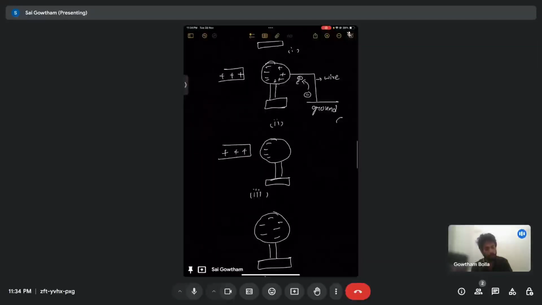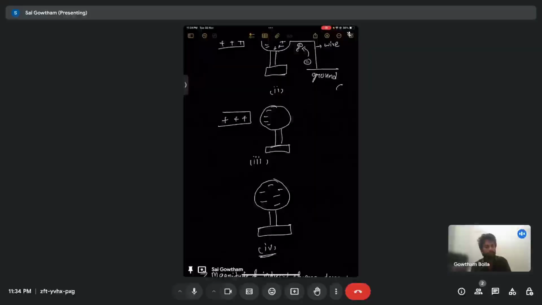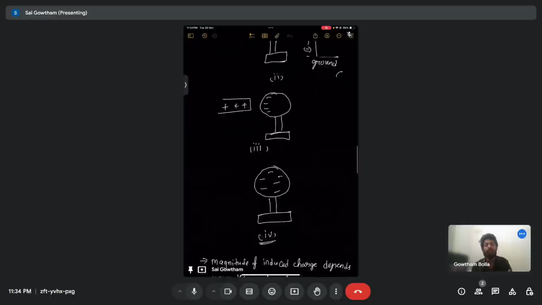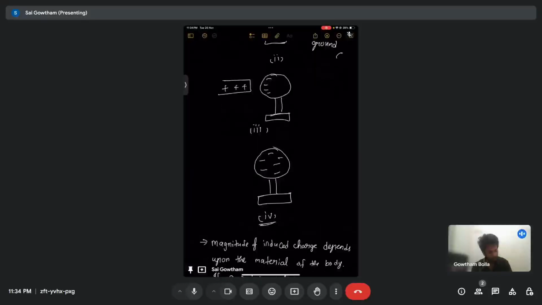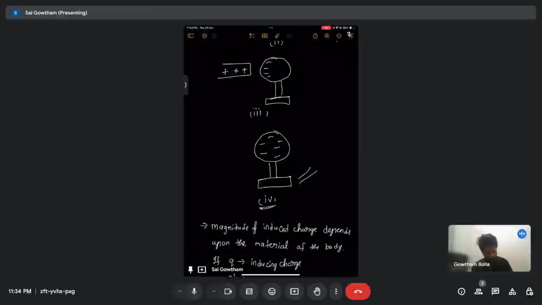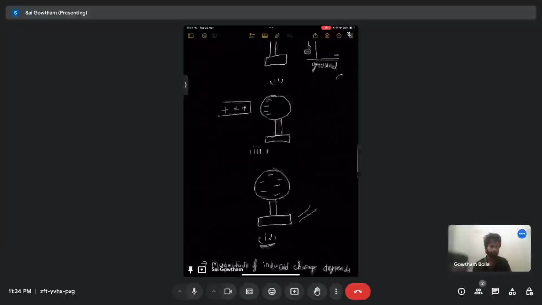If we remove the positively charged body as well, then we can get a uniformly distributed charged body, as you can see in figure 4. This is done through the method of induction.